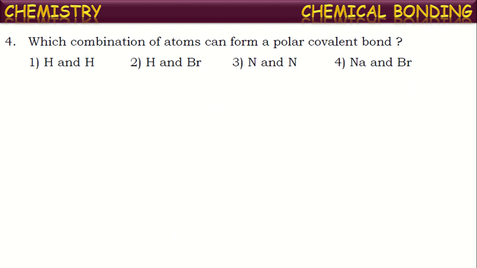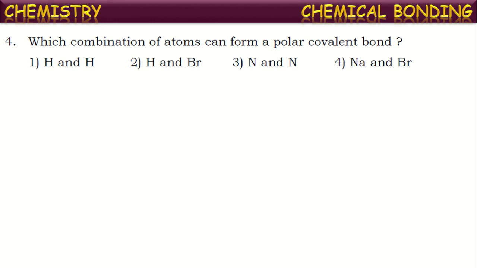Which combination of atoms can form a polar covalent bond? What is meant by a polar covalent bond? The covalent bond in which the shared pair of electrons is not equally shared. That happens when two atoms with different electronegativities combine.